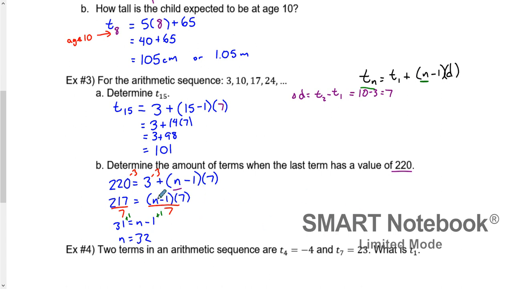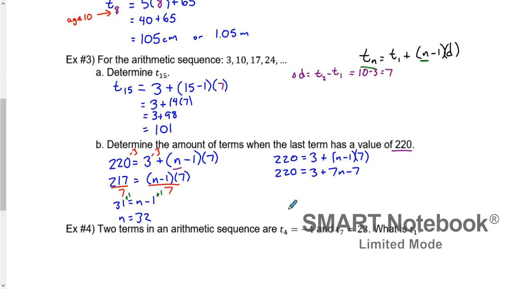The second way that this could be done uses this exact same amount of work. 220 is 3 plus (n subtract 1) times by 7. It would be distributing that 7 inside. So 220 equals 3 plus 7n subtract 7. So we could have 220 equaling 7n. 3 and negative 7 will be negative 4.